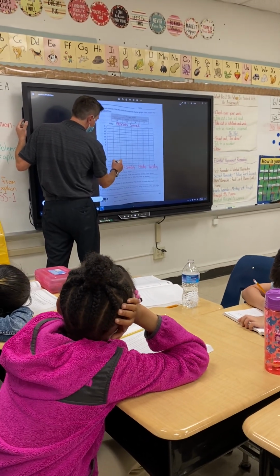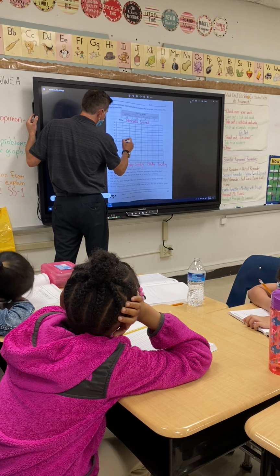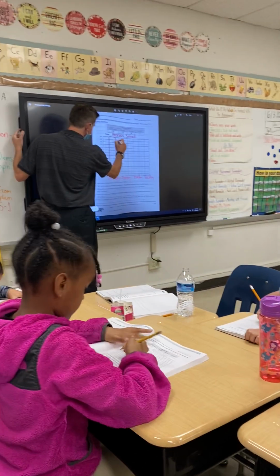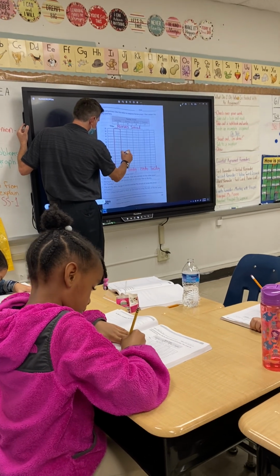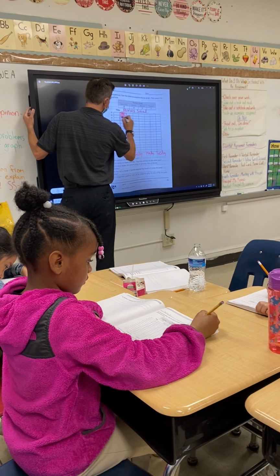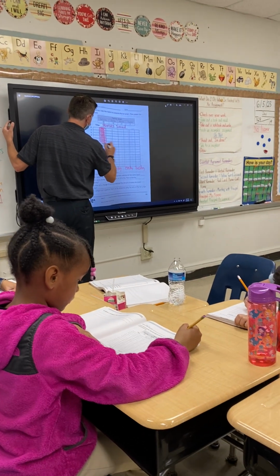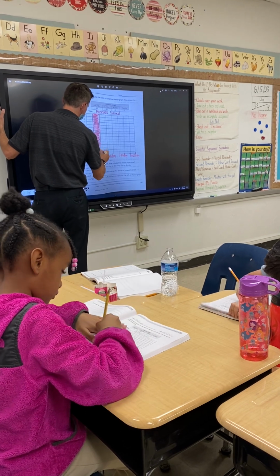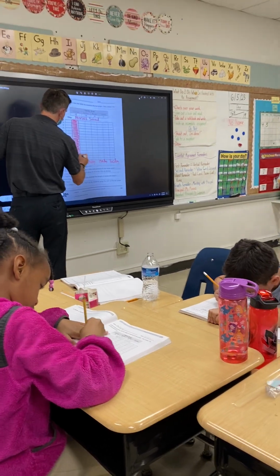So my 15 bar goes right over the word Saturday. All the way to the top. And since we're working together, you can shade a little faster than normal.